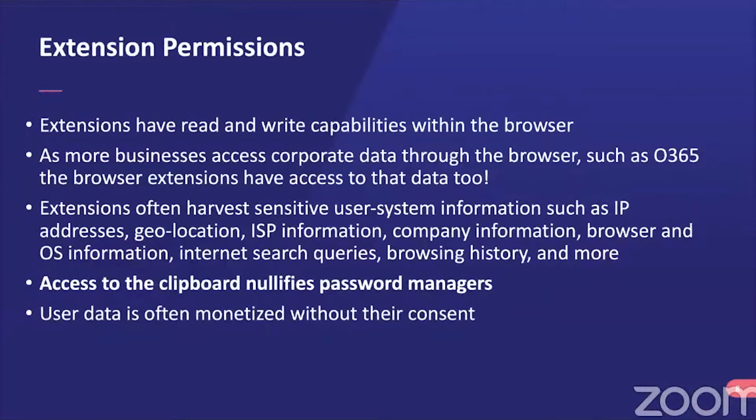Also the ISP information, your internet service provider: do you have Comcast, Verizon, Spectrum, and what have you. Also your company information, right? So when we're in a corporate environment, it'll give me information about your company as well. Your browser and operating system information is very useful, especially when one considers the amount of vulnerable software out there. That's very good information for an attacker to have. And not only that, we're looking at all of your internet search queries, your browsing histories, and even more data points, really.